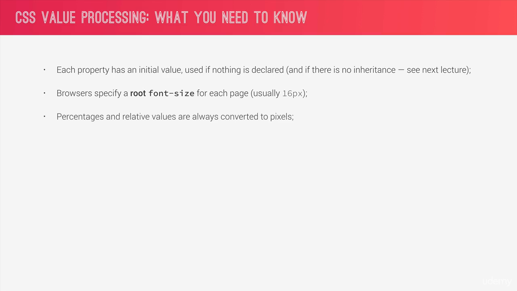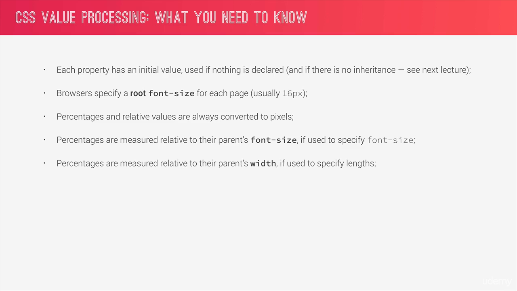Percentages and relative values are always converted to pixels in order for the CSS engine to be able to render the page on the screen. About percentages, they are measured relative to their parent's font size, if used to specify font sizes. And they are measured relative to their parent's width, if they're used to specify length. Now, ems are measured relative to their parent's font size, if used to specify font sizes.